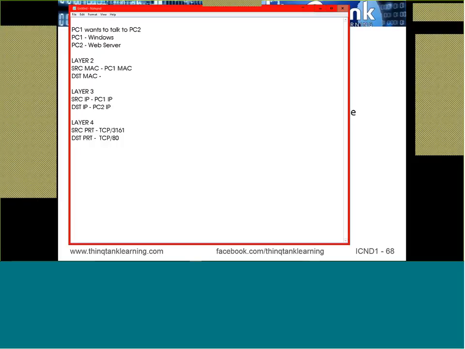But here is where we get to the point that information is not known. What is the destination MAC address? I've never talked to this web server before. I don't know what the destination MAC is. Okay? Now, I could put in here all Fs, which is a broadcast, right?